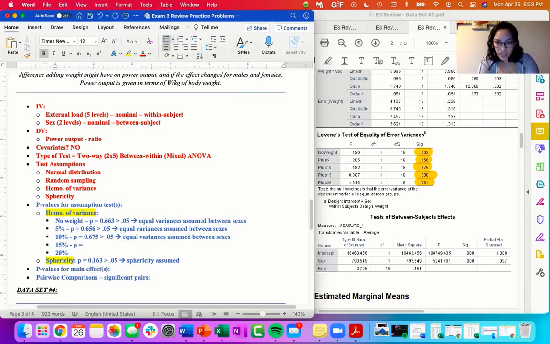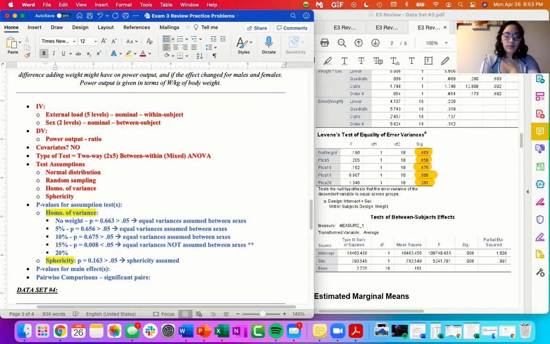Okay. For the plus 15% group, P is equal to 0.008, less than 0.05. Which means we've violated, so equal variance is not assumed.